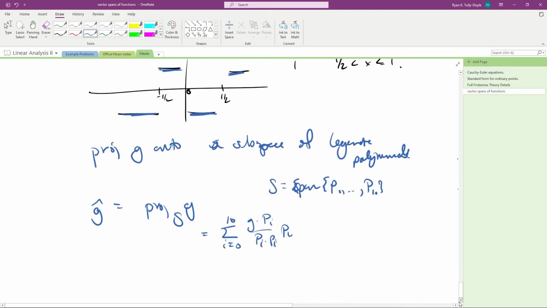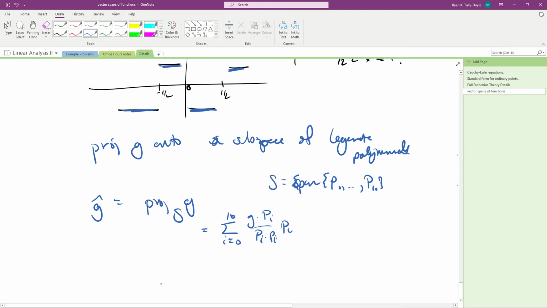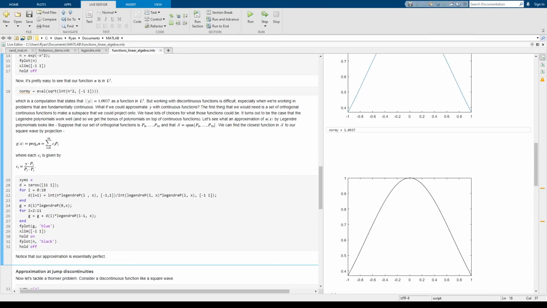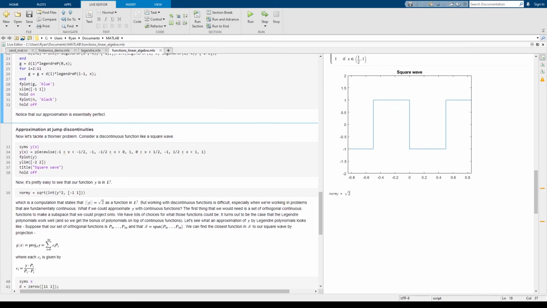So the question is, well, does it work? If you go to the demo, what you'll see when you're done doing that projection formula is the square wave. I've defined this as a piecewise function.